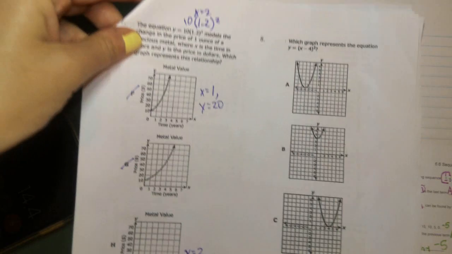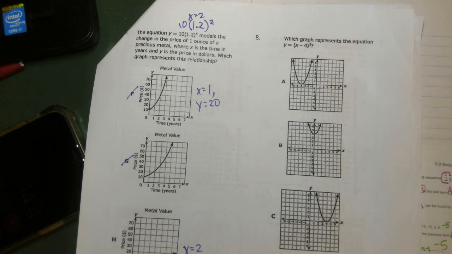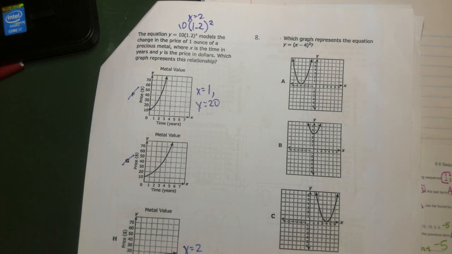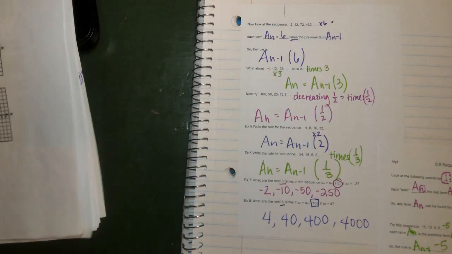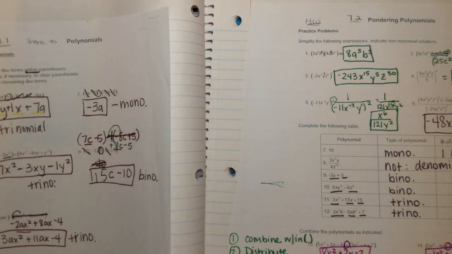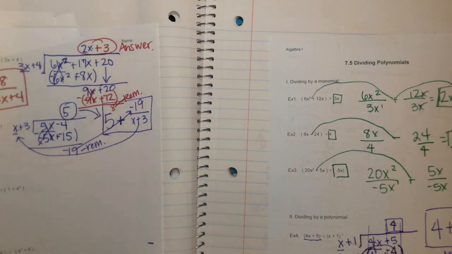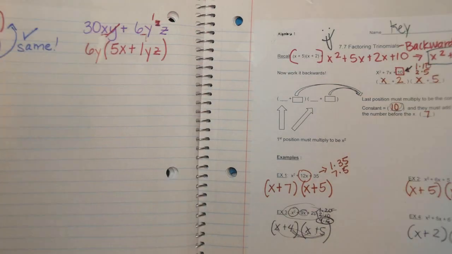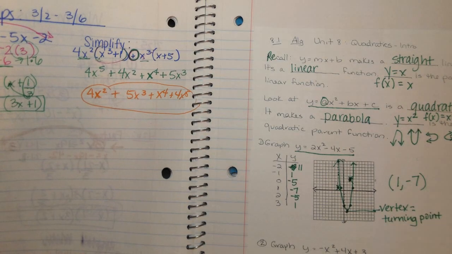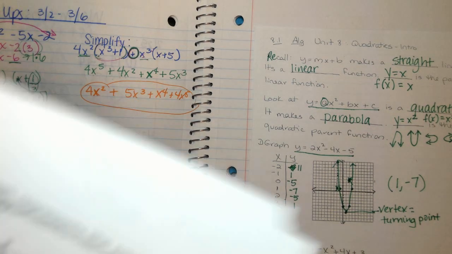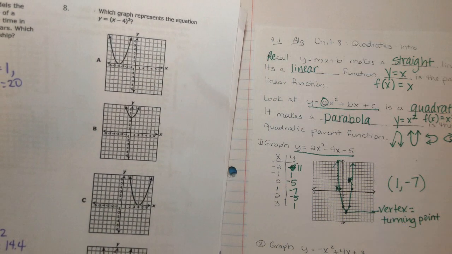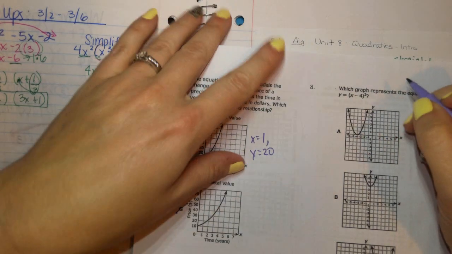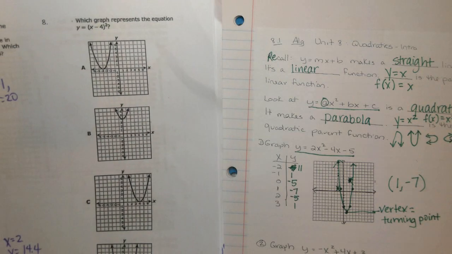Okay, number 8, which graph represents the equation y equals x minus 4 squared? If you had a graphing calculator, you could plug this into y equals, graph it, and see. But we can go back to our notes. This is where we're getting into quadratics, because these are quadratics. Remember, this is a square, so x minus 4 squared.